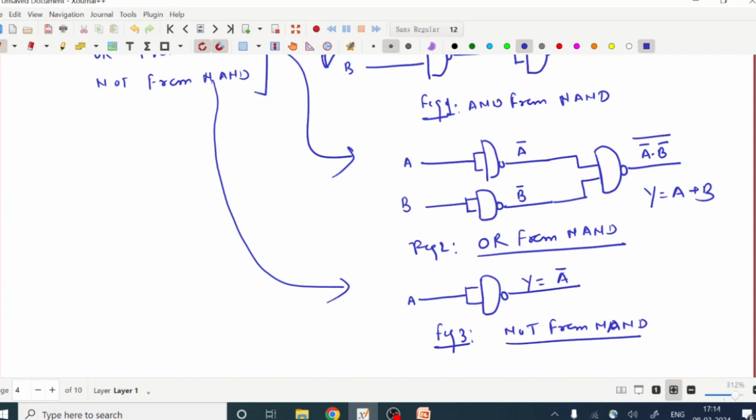Suppose there is a question that asks to prove that NAND is a universal logic gate. Design each of the basic logic gates, AND, OR and NOT, by using a NAND gate. This proves that NAND is a universal logic gate.